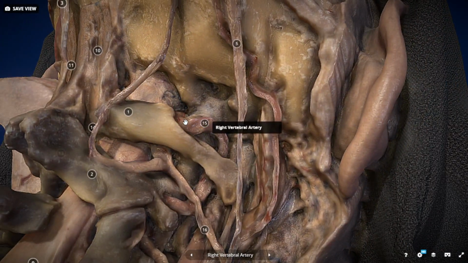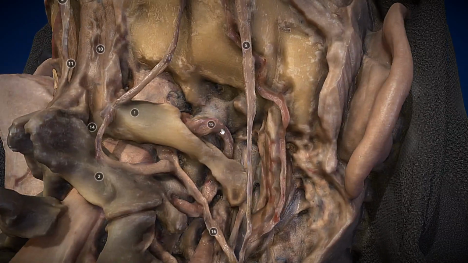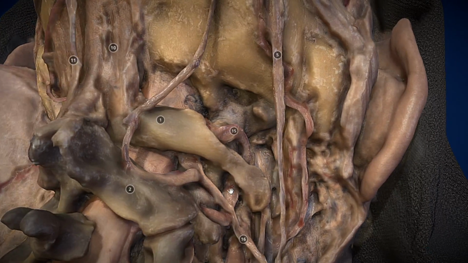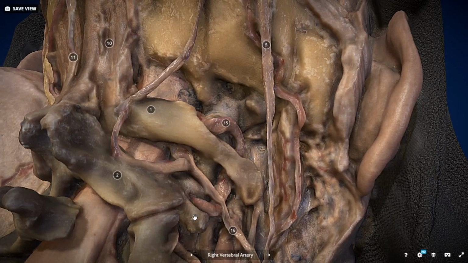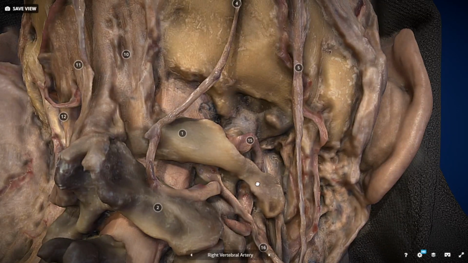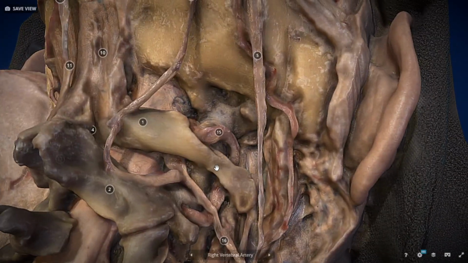From the other side, we can identify the right vertebral artery. Again, the V3 segment with a horizontal portion and a more vertical portion that is going to be coming out of the transverse foramen of C2 and entering the transverse foramen of C1, right here within the transverse process of C1, and it's going to rest over the sulcus arteriosus.